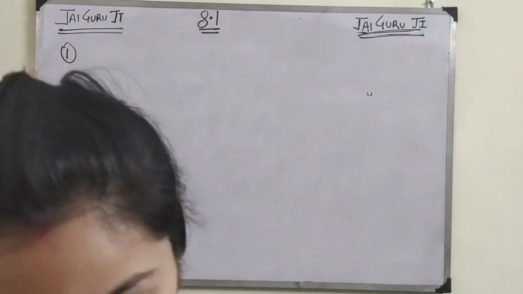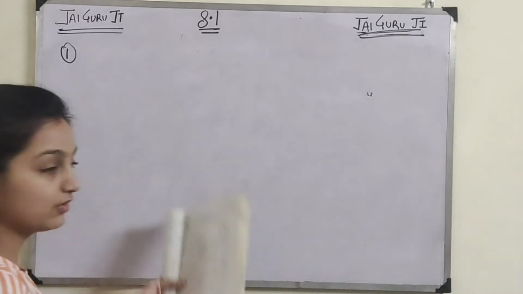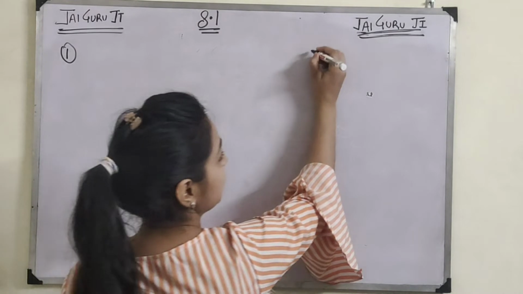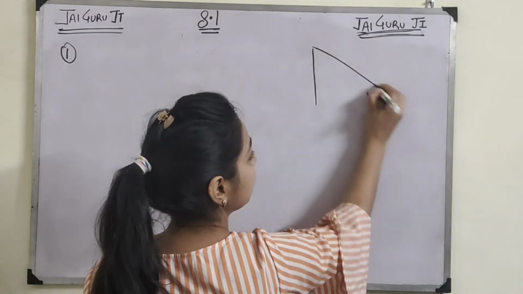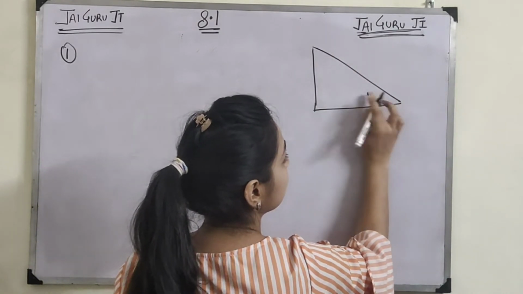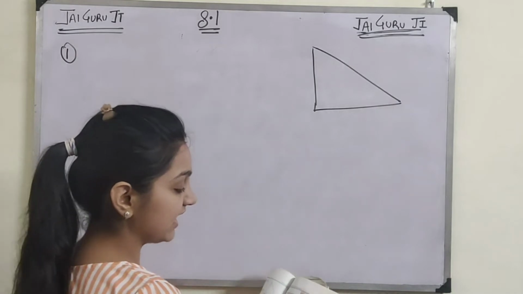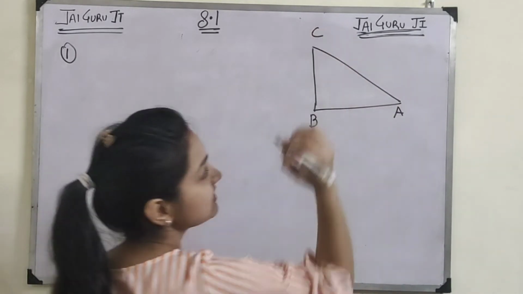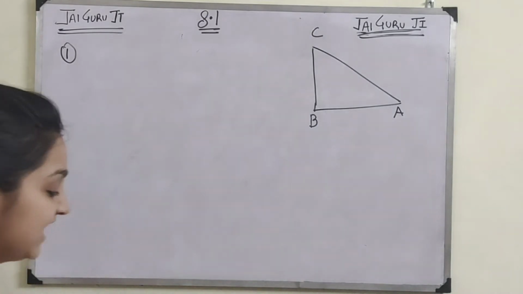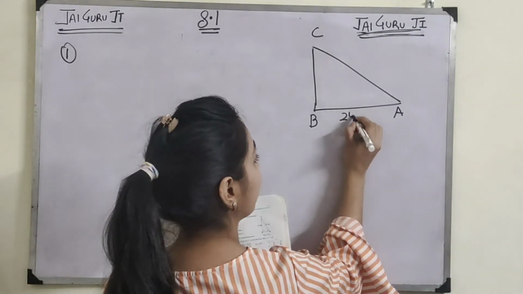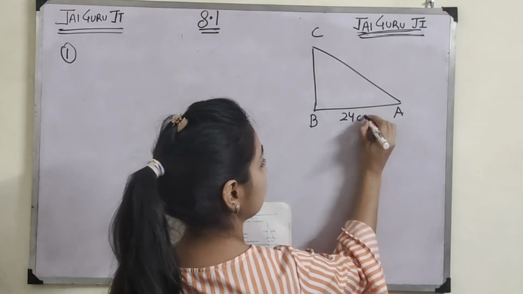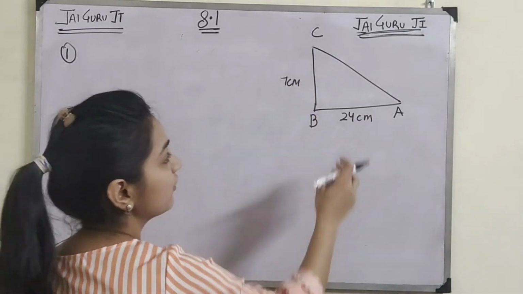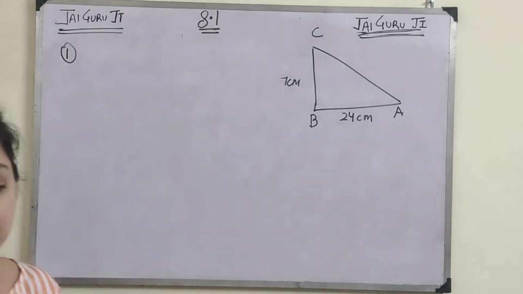In a triangle ABC, right angled at B, always make a right angle triangle. ABC and right angle at B. So can I take it like this? AB is 24 centimeter. BC is 7 centimeter. Now you have to find out first of all AC.